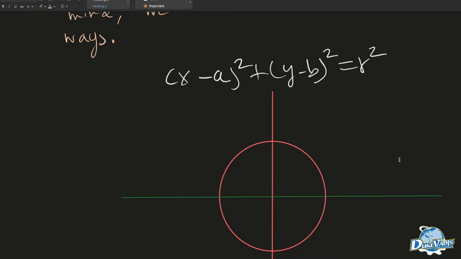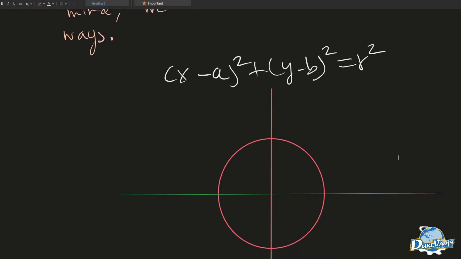So when we draw this, there's an x axis. Now look at it and see how this equation came about. If we have a radius, let's pick this one. This is the center of the circle.